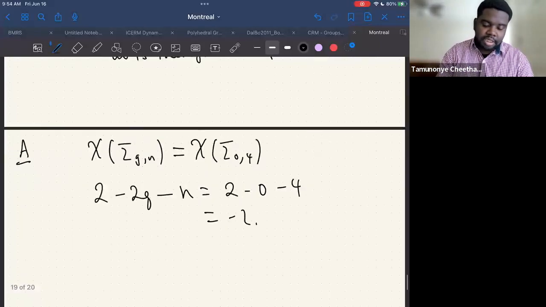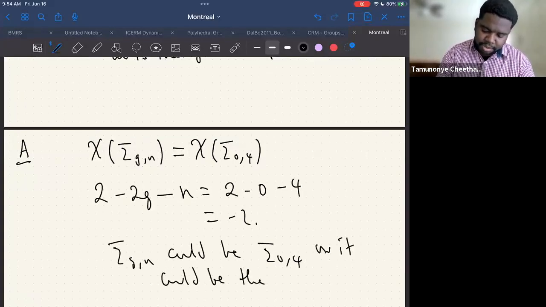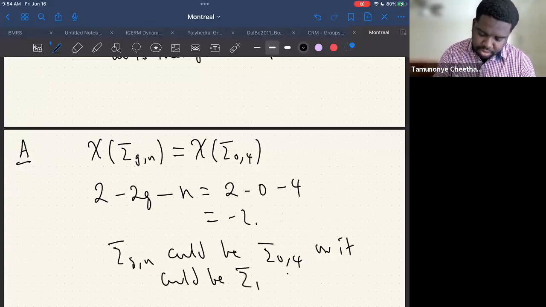This could be sigma 0,4, or it could be the twice punctured torus, sigma 1,2.